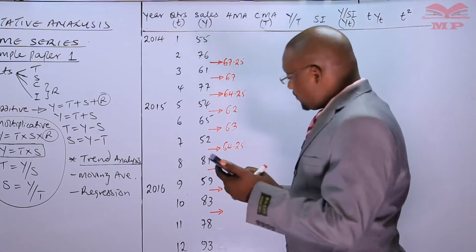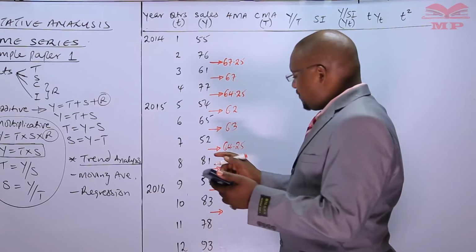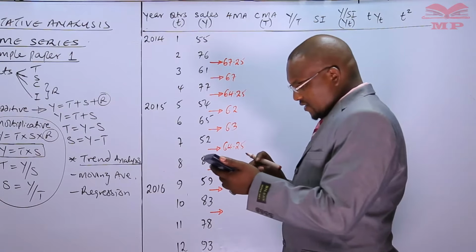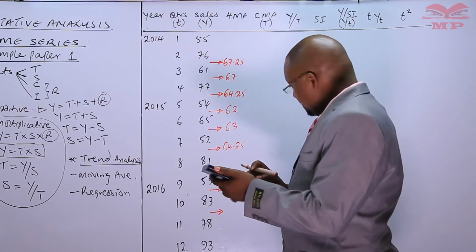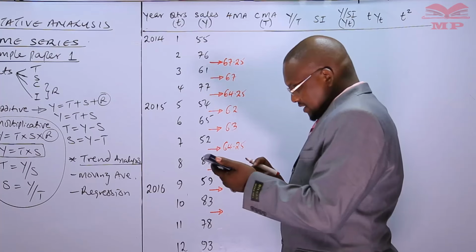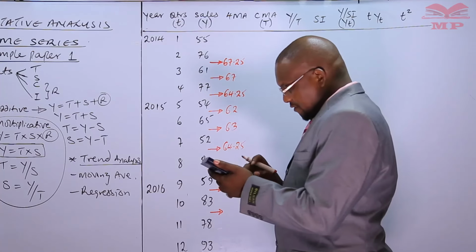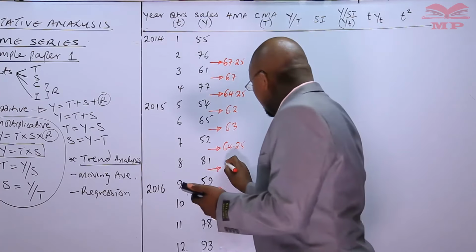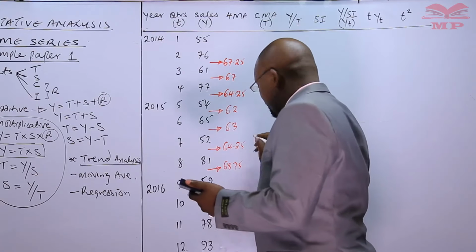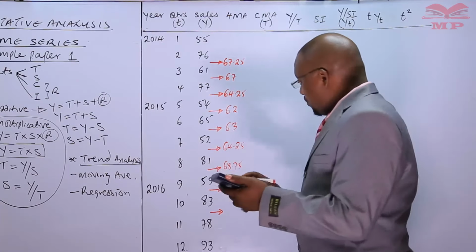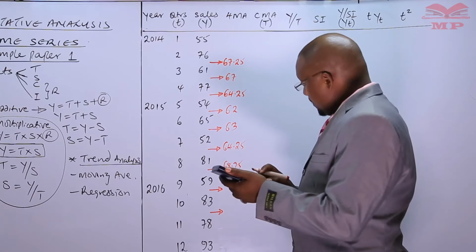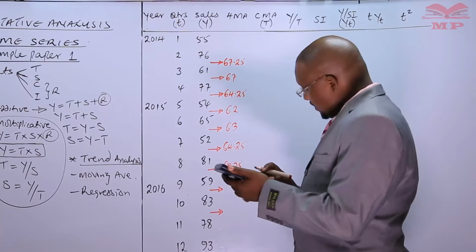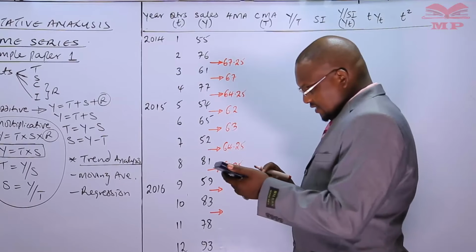Then here I'll count 65 plus 52 plus 81 plus 59. Then divide by 4. This will be 64.25. Then this I'll count 52 plus 81 plus 59 plus 83. This I divide by 4 will give me 68.75. Then this one I'll count 81 plus 59 plus 83 plus 78.